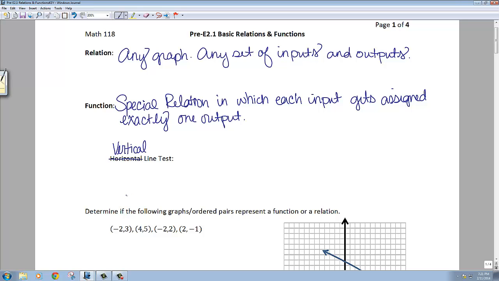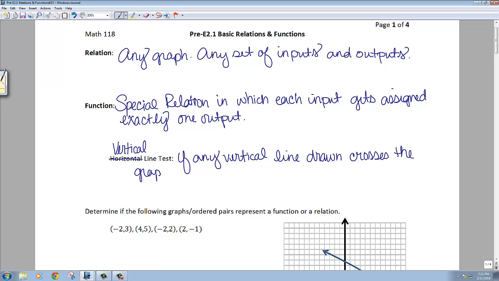But to check to see if something's a function, we do the vertical line test, which basically says if any vertical line drawn crosses the graph in more than one place, then the graph is not a function.